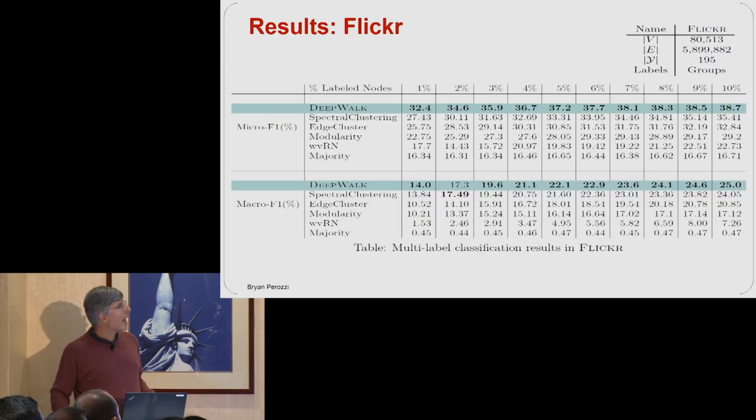Here we were looking at a multi-label classification problem where we were given a graph and a small percentage of the nodes were actually labeled, and we wanted to figure out the labels of the rest of them. Even given a smaller fraction of the training labels, we were able to do a pretty good job of reconstructing what the labels were, and better than the other methods. That's what we like.